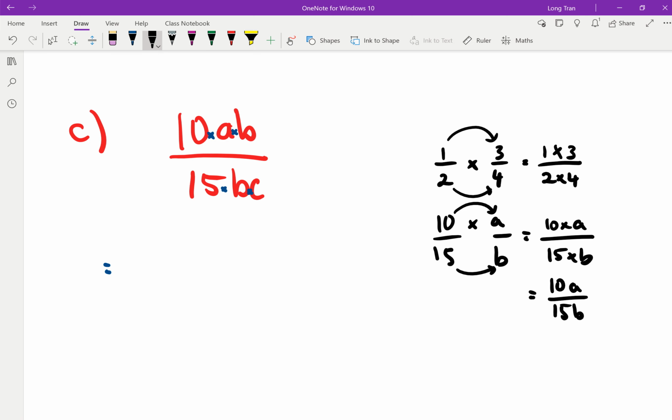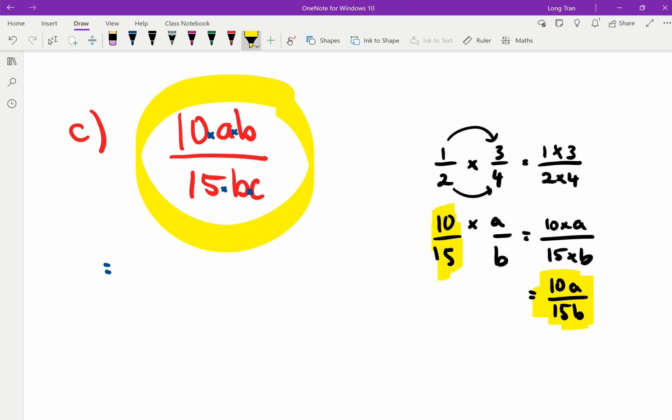So you can see the problem that we currently have is one collected fraction. 10A over 15B is actually the same thing as splitting up the fraction as 10 over 15 times A over B. That's another way of looking at it.